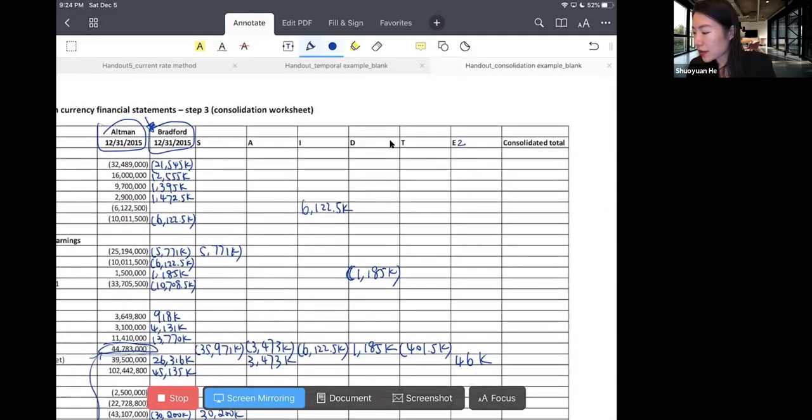So for the consolidated totals, we do the same thing as what we did before in all of the consolidation entries: add up things horizontally. And for some of the items, we need to add them up vertically.